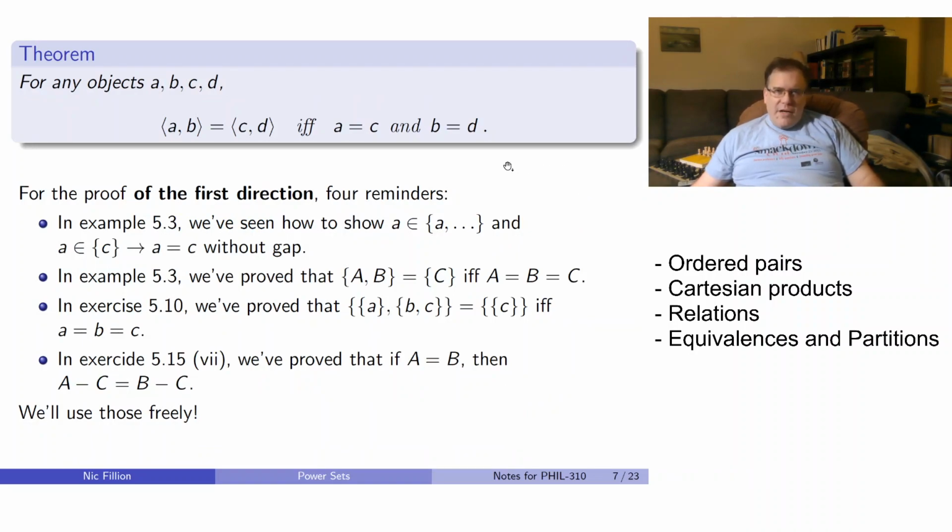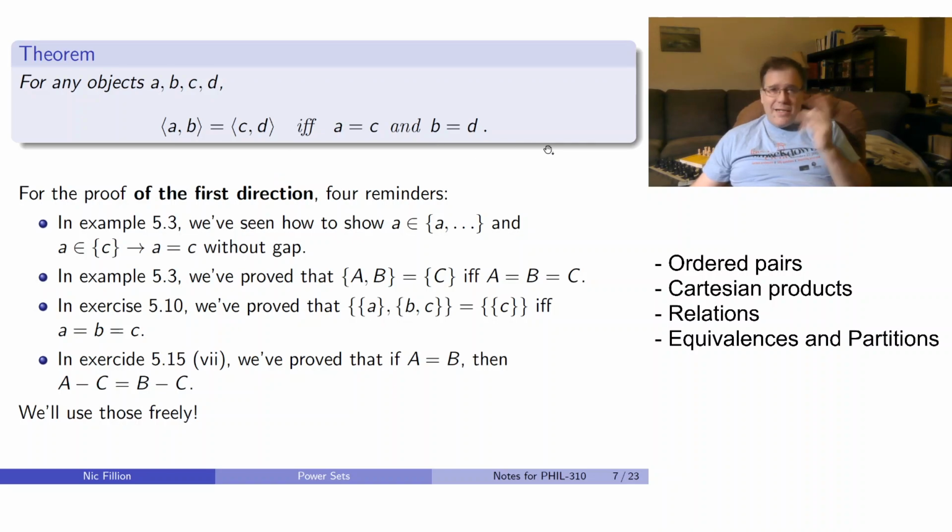So the theorem that we're going to want to prove is that if a pair containing A first and B second equals a second pair containing C first and D second, that happens if and only if A equals C and B equals D. So for two pairs to be identical, it has to be that their first member is the same and that their second member is the same.